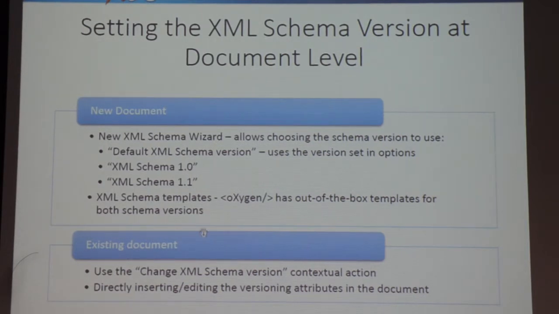Or you can use on an existing document the change XML schema version contextual action, which enables you to choose between one of the two versions of schemas. Or you can directly edit the versioning attributes in the document.